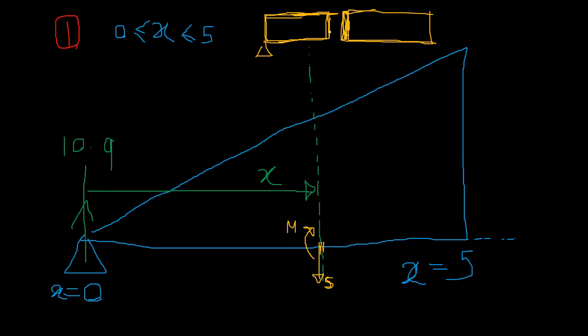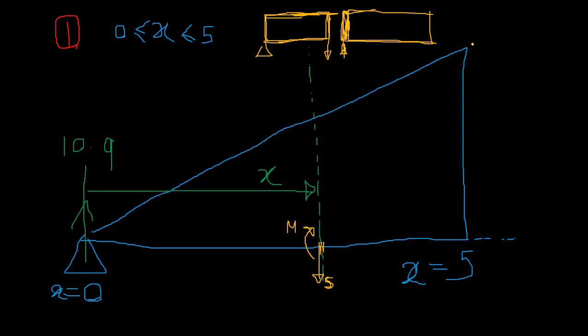So if it is the right end, you have to put shear in the downward direction, and here you have to put shear in the upward direction: left up, right down. That's my sign convention, right? If you want, you can take it the other way around, no problem, but stick to a particular sign convention. That's the advice.